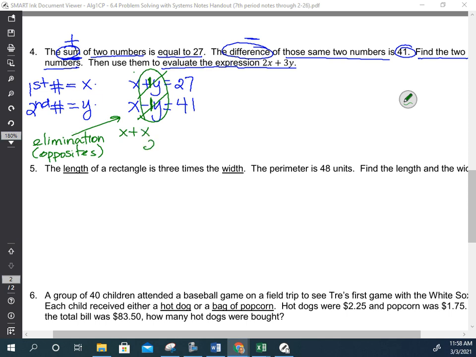So x plus x is 2x. 27 plus 41 is 68. What do we do to both sides? Divide by 2. Divide by 2. So we now know what the first number is.